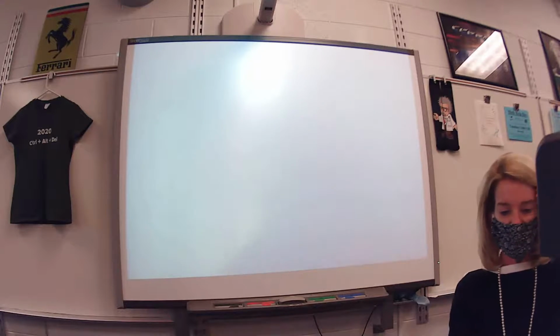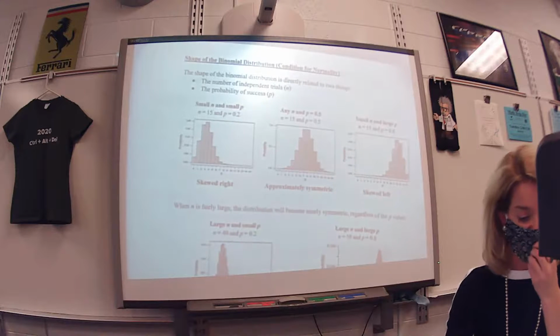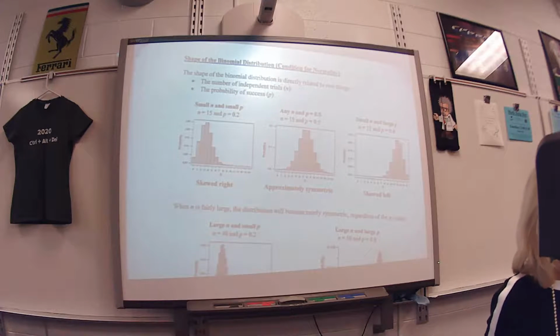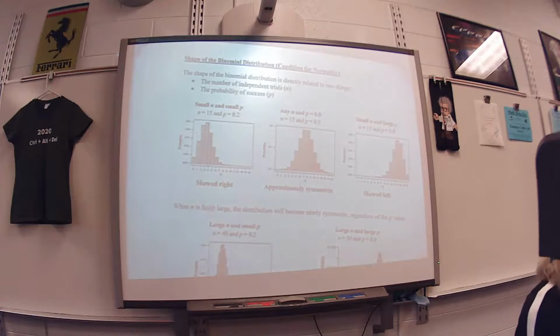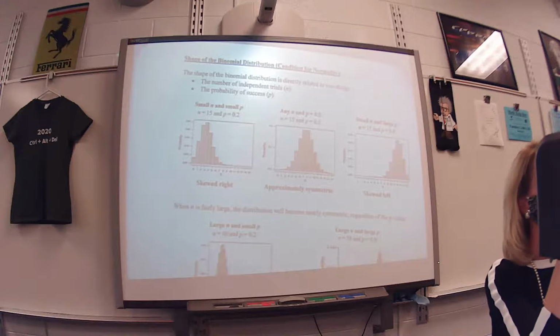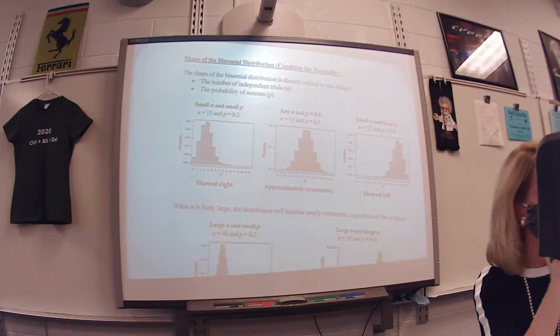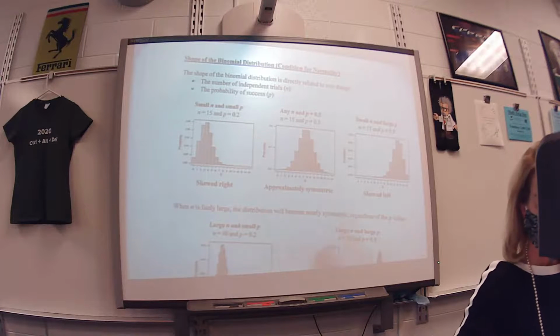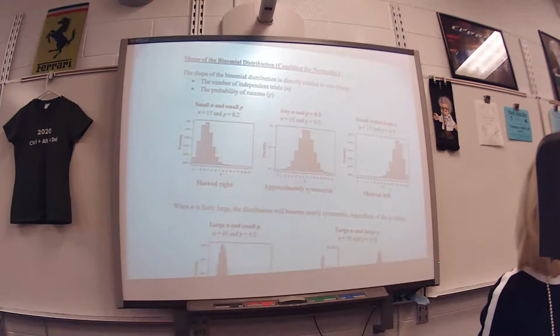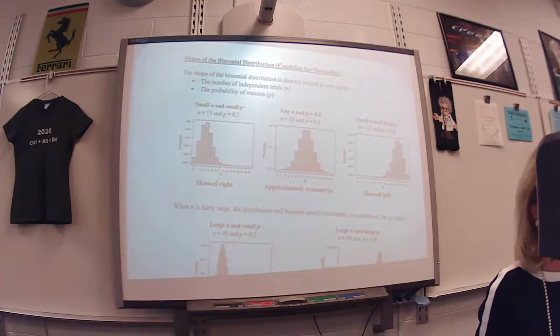Now, the next page, I'm not going to spend a ton of time on because I actually already kind of broached it a little bit at the very beginning of the notes. In a binomial distribution, if you have probabilities that are about a 50-50 split, you will have approximately a normal distribution. This is good. It means you can use z-scores.